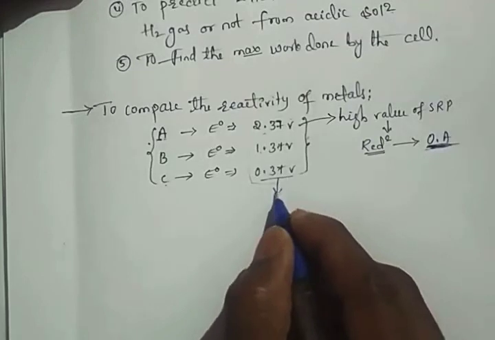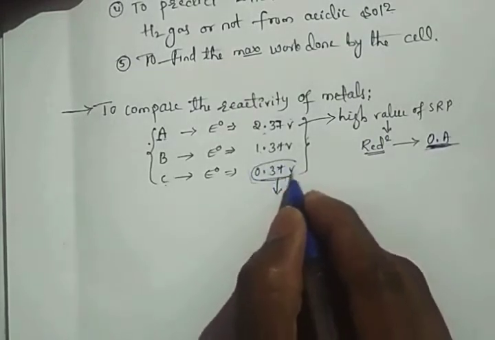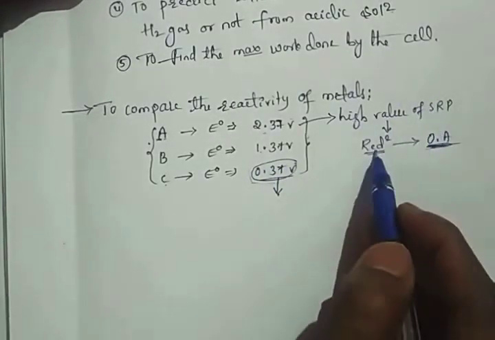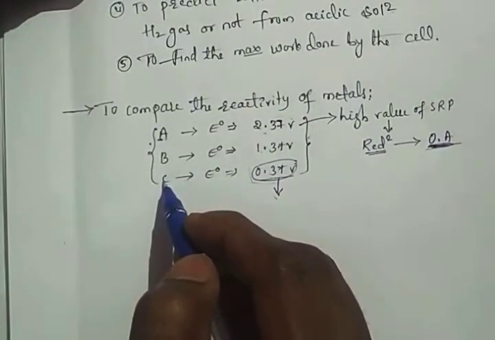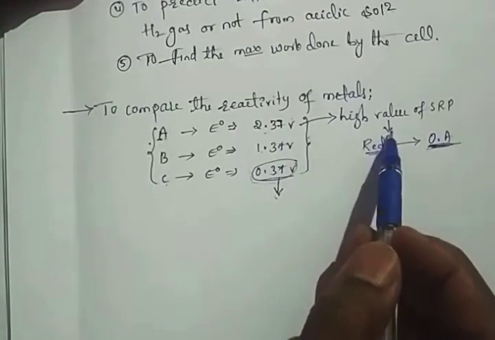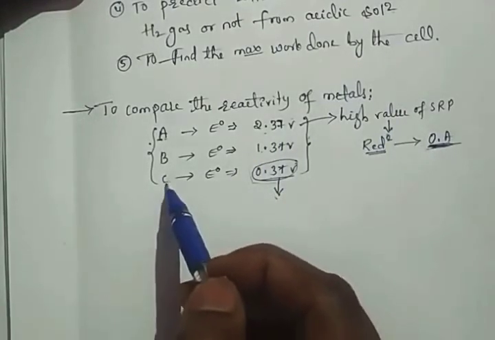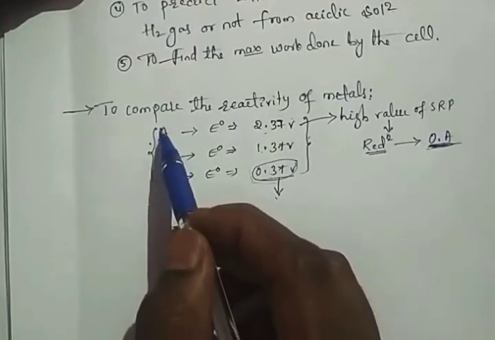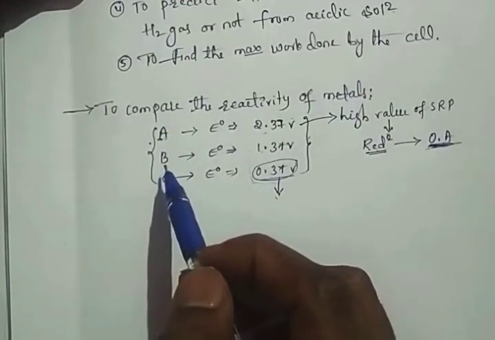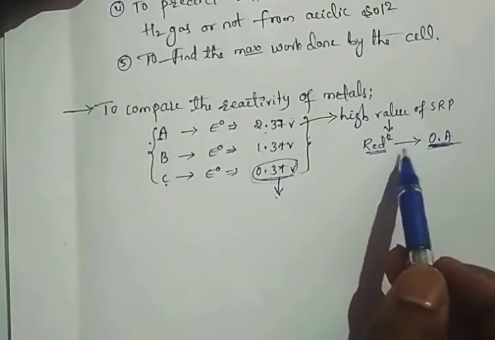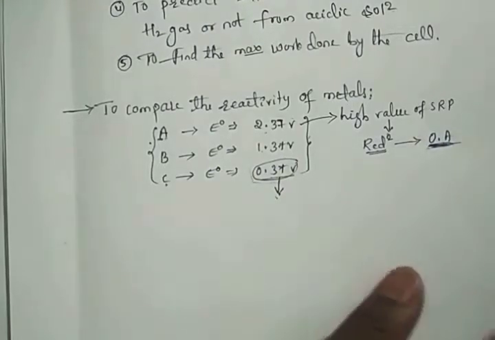Lower the value of reduction potential, this undergoes oxidation, and the substance which undergoes oxidation is called the reducing agent. It's opposite to this concept. So here C is the reducing agent and B is the oxidizing agent. By comparing the two electrodes, we can predict oxidizing and reducing strength. This is the first one.